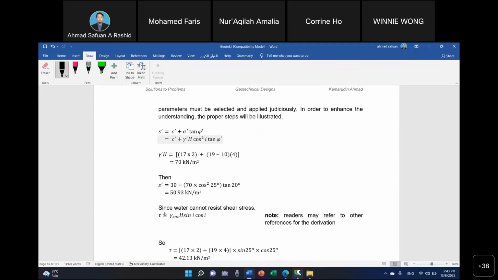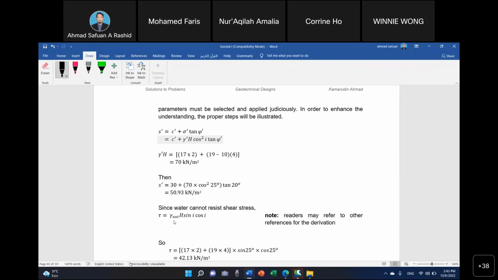And it is stated here, since water cannot resist shear stress, so no need to eliminate the unit weight of water to get the effective unit weight. Reader may refer to other reference for the derivation. Yes, when I refer to another reference book, they also use the same approach.